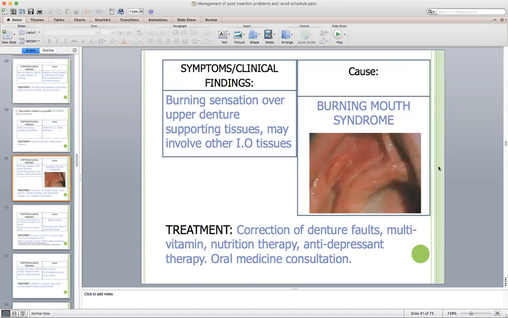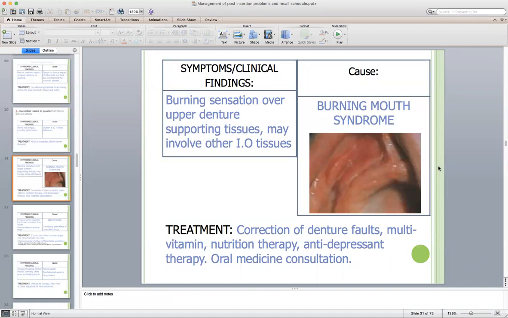Another issue the patient complains of is a burning sensation over the upper denture-supporting tissues, which may involve other intraoral tissues as well. The patient may complain of a burning sensation underneath the maxillary denture. That is burning mouth syndrome. What can be the treatment for this problem?